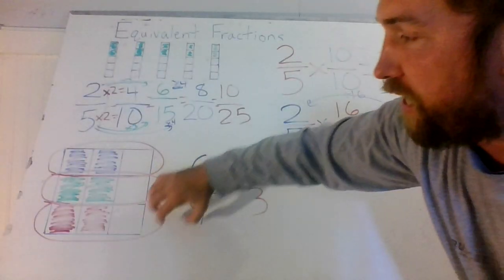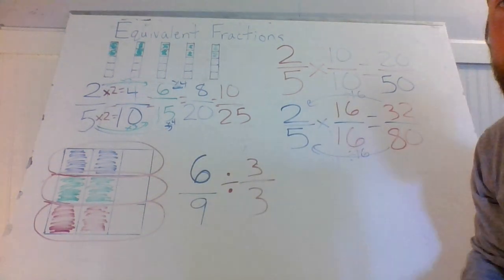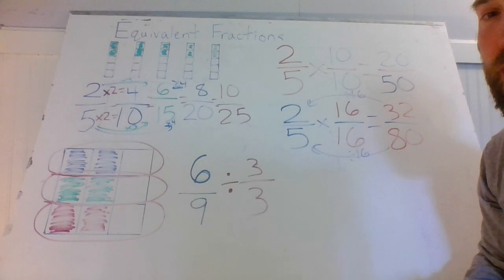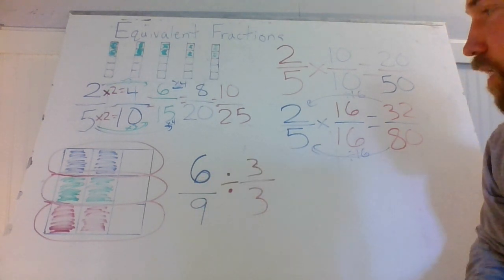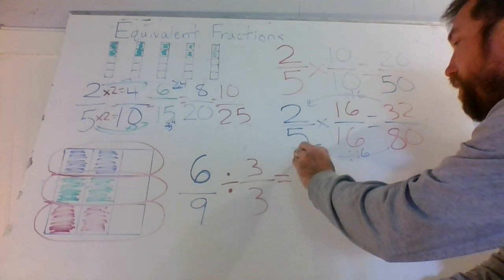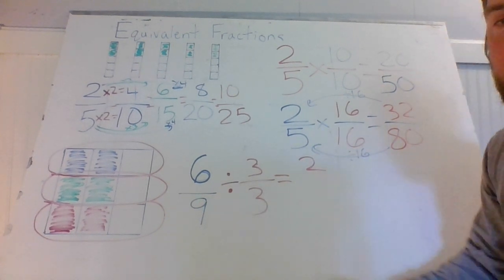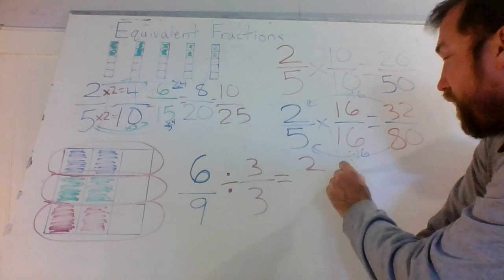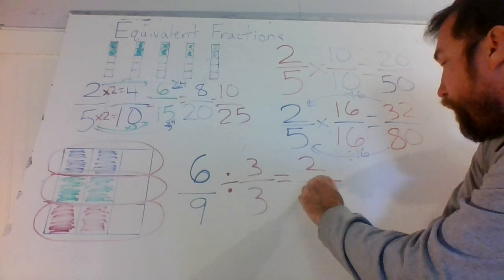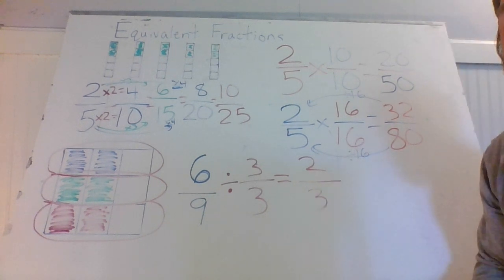I took my 9 whole pieces and I broke them down into 3 smaller groups. Okay? And then 6 divided by 3. How much was in each group? Each of my rows ended up with now 2 smaller boxes shaded in. And each of my rows themselves ended up with 3 boxes.